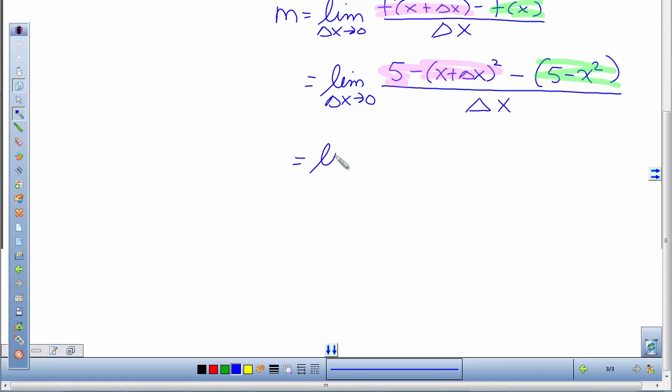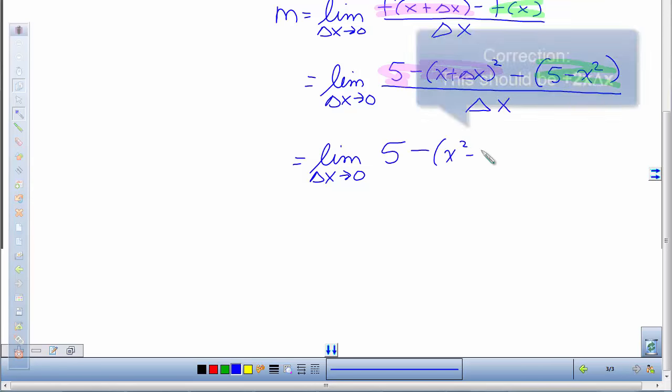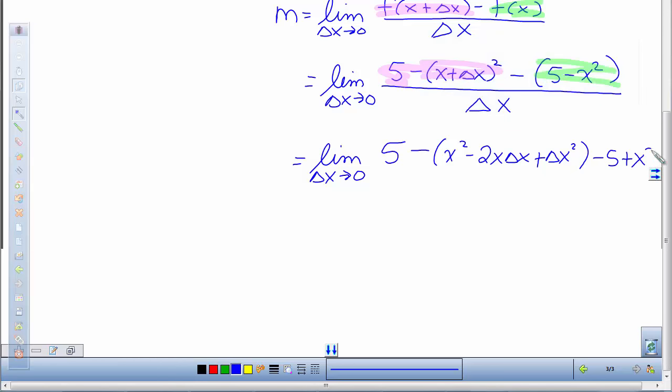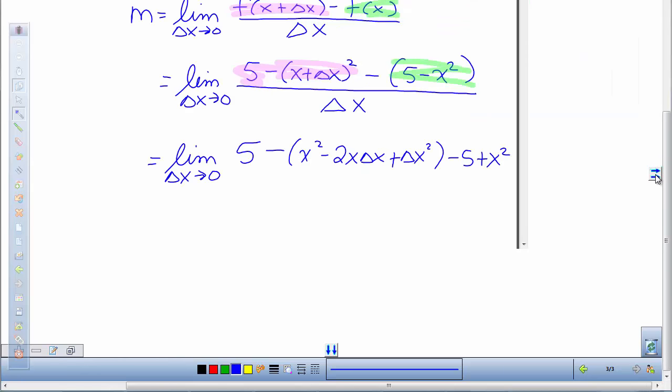So now we get the limit as delta x approaches 0 of 5 minus, I've got to square this correctly, so it's going to be minus x squared minus 2x delta x plus delta x squared, and then minus 5 plus x squared all over delta x.